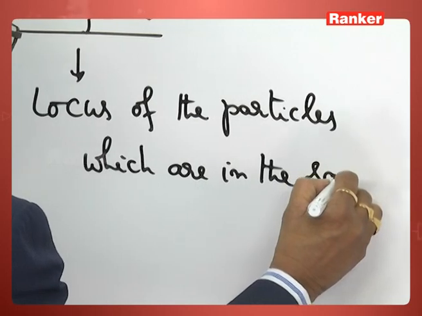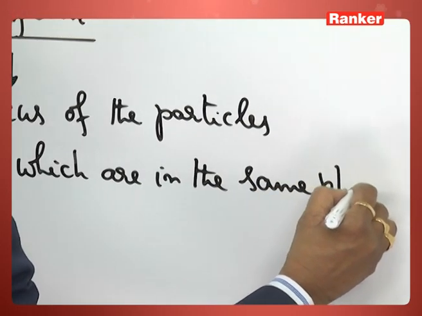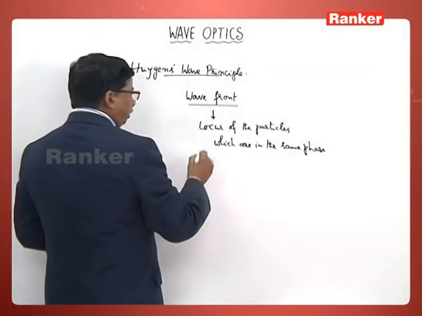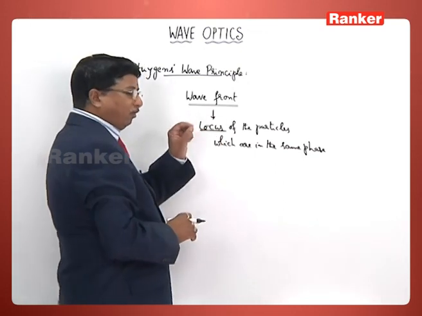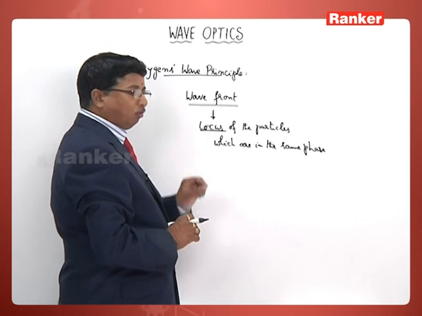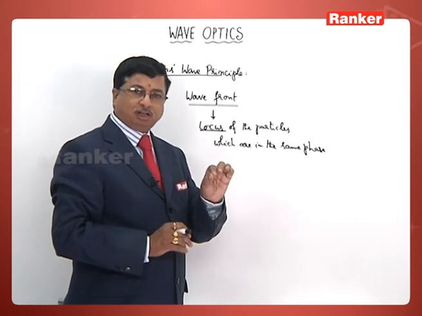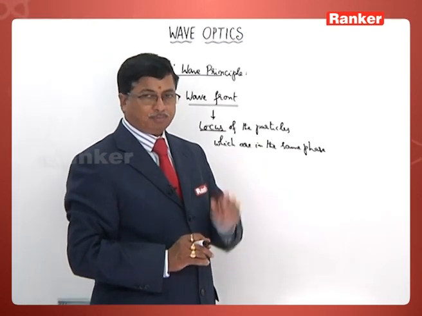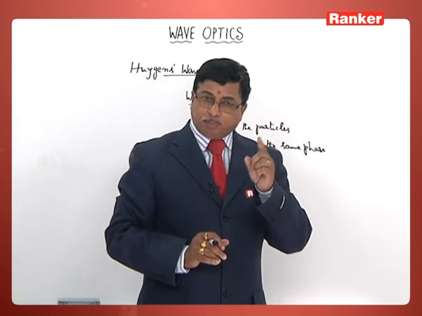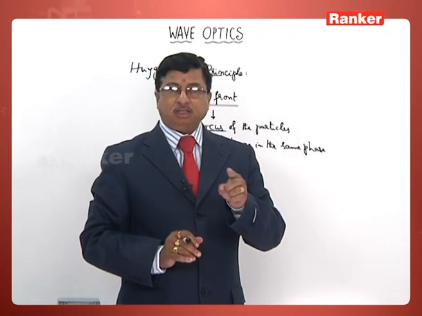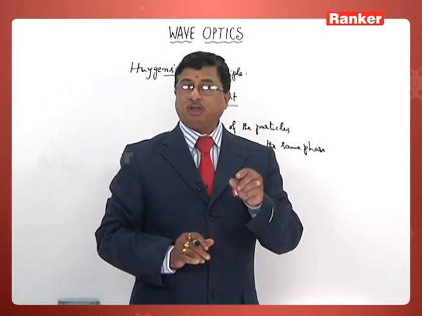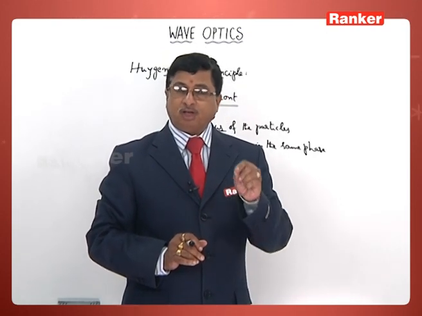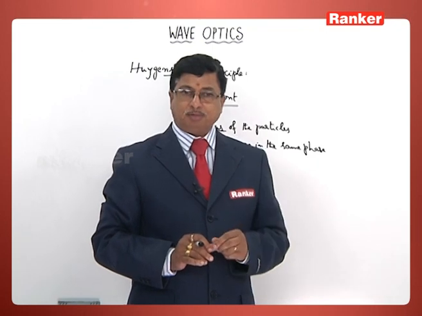That is what we call a wavefront. Every wavefront has several particles in the same phase, and each particle again emits secondary waves. That was the prediction of Huygens in his wave principle.